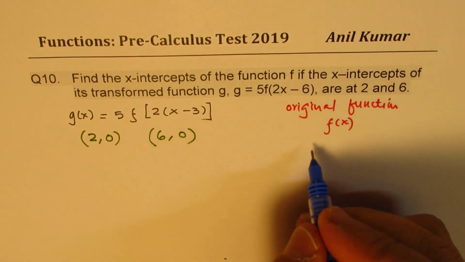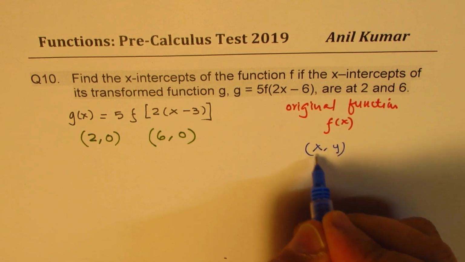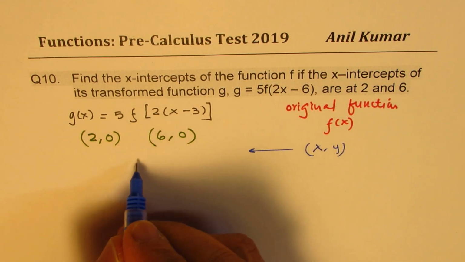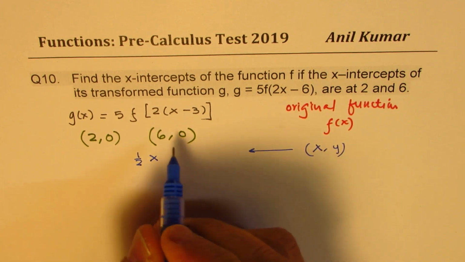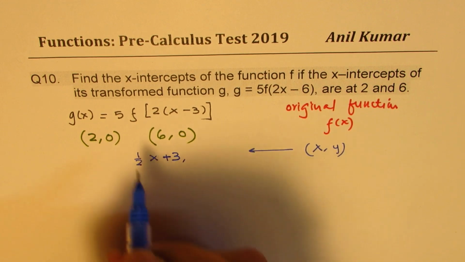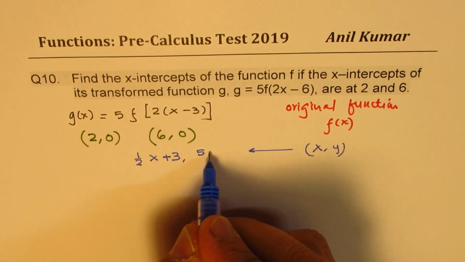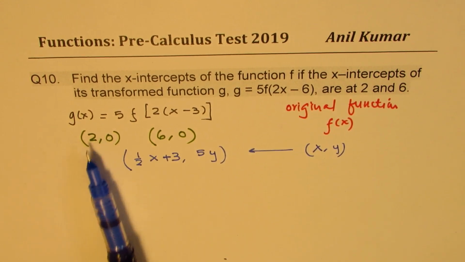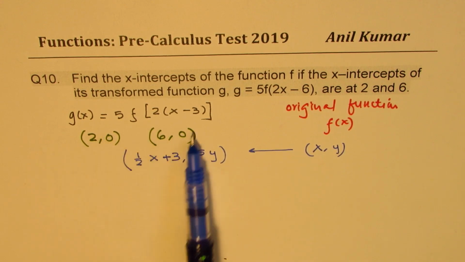So if the coordinate point here was xy, then in this case the x value was divided by 2 and then moved 3 units to the right, correct? The y value was multiplied by 5. So that was the transformation. Now we have to apply reverse transformation to these points.